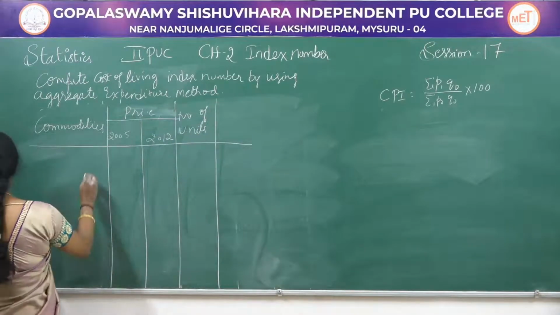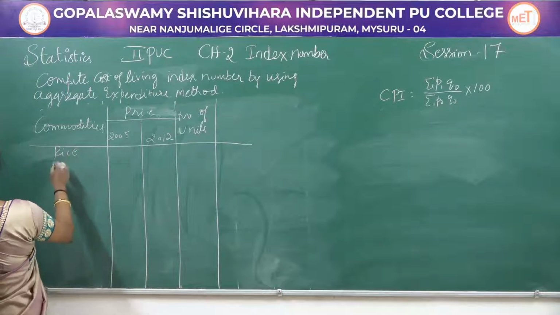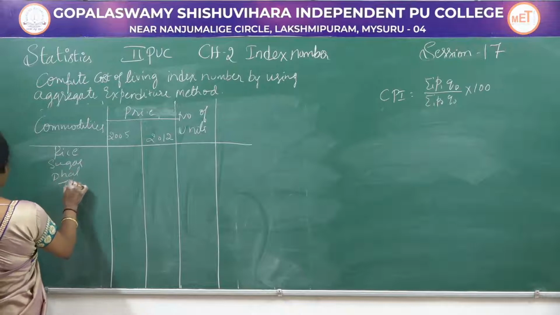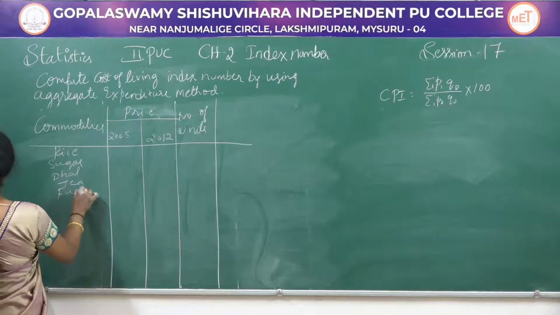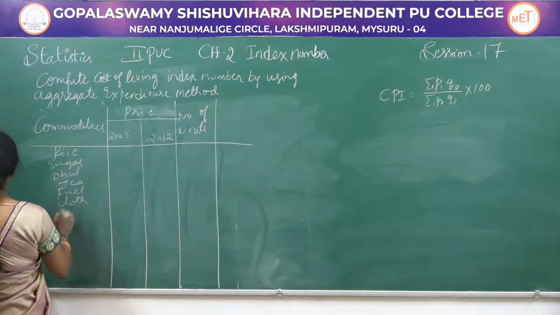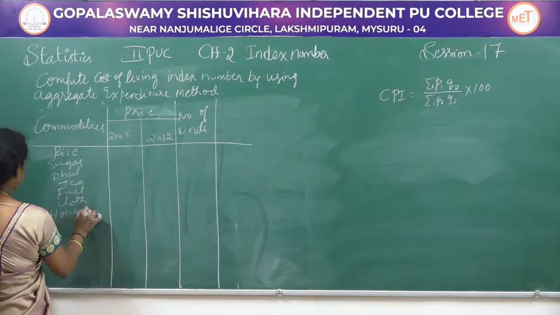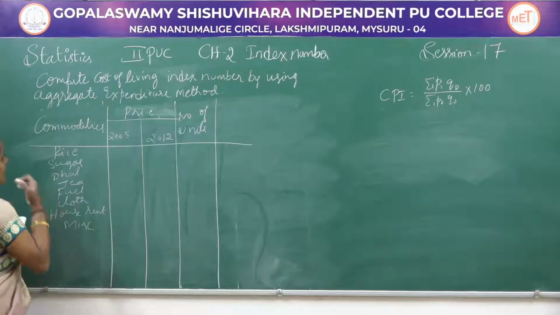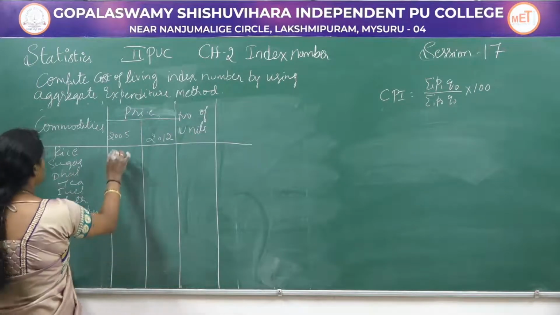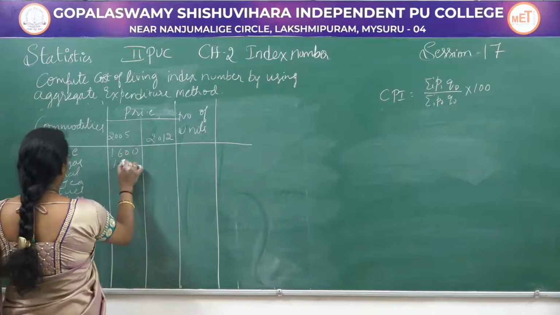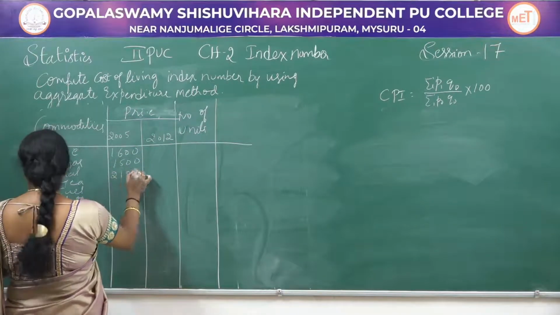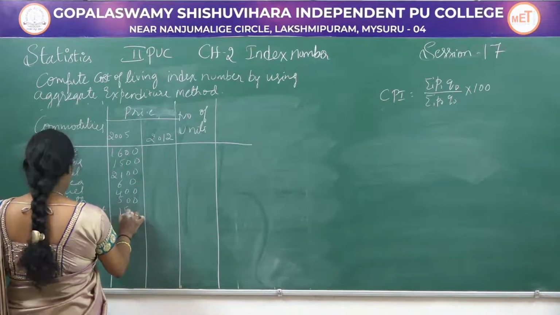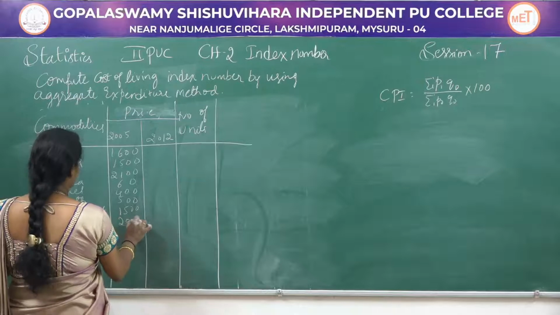The commodities are rice, sugar, dal, tea, fuel, cloth, house rent, miscellaneous. Price under 2005 is 1600, 1500, 2100, 60, 400, 500, 1500 and 2000.